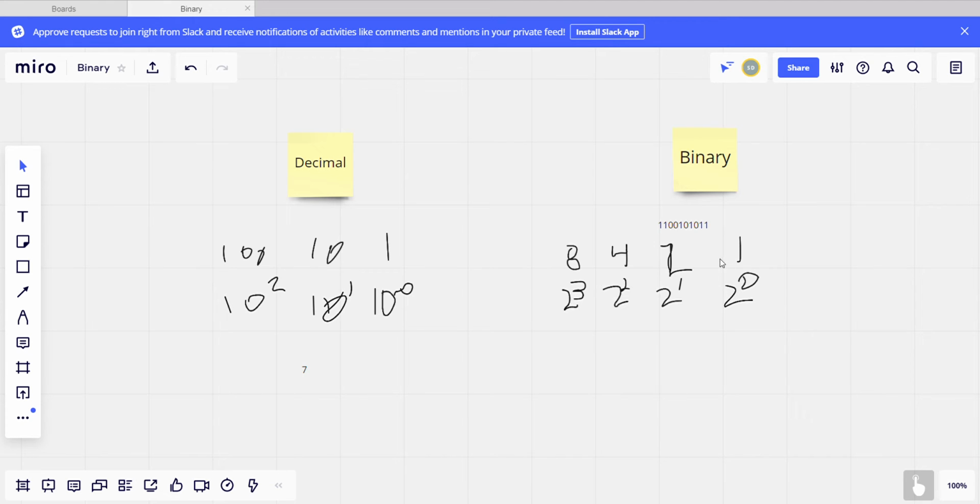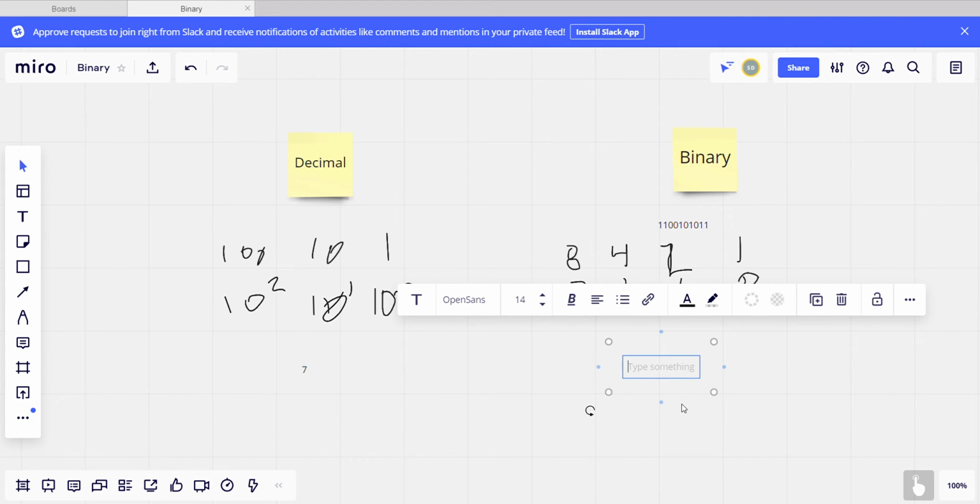But the way it works in binary is we kind of have to use addition. So let's think, what equals 7? Well, 4, 2, and 1. So we can write it in binary as a 1 for the ones digit, a 1 for the twos digit, and a 1 for the fours digit.